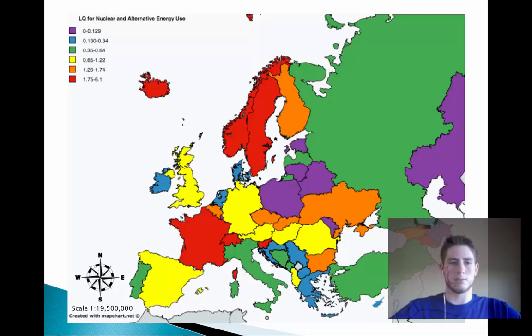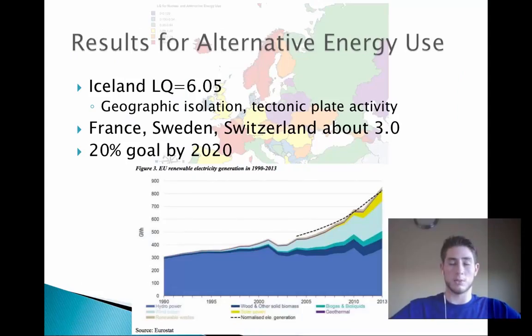So here's my first map for nuclear and alternative energy use. As you can see, the more technically developed countries sort of lead that. One that really stands out is Iceland, and on the map it doesn't show up as much, but the location quotient is actually 6.05. A lot of this has to do with their isolation as far as transporting fossil fuels.